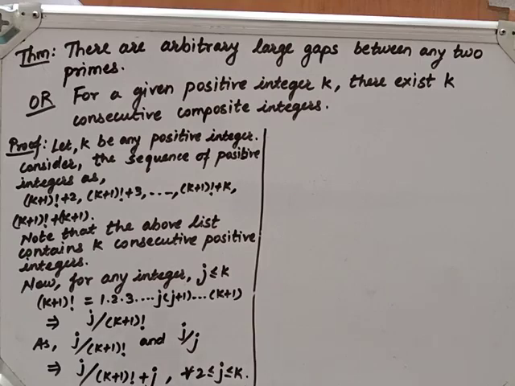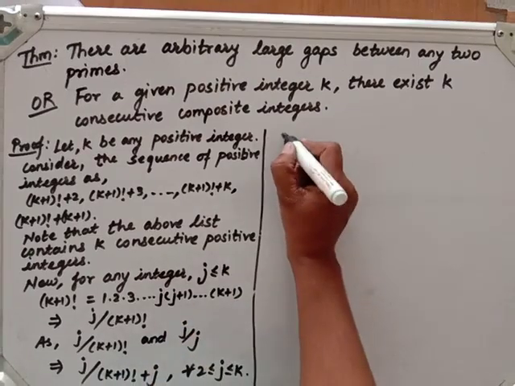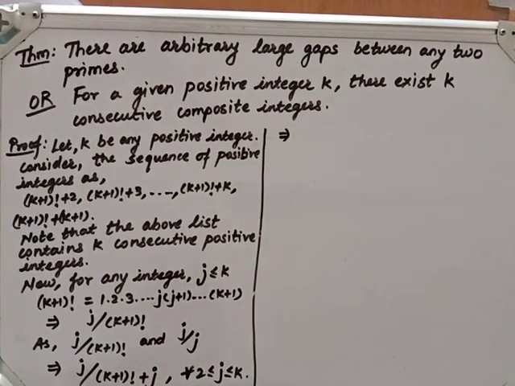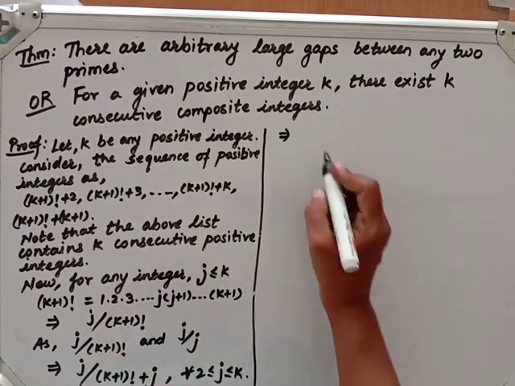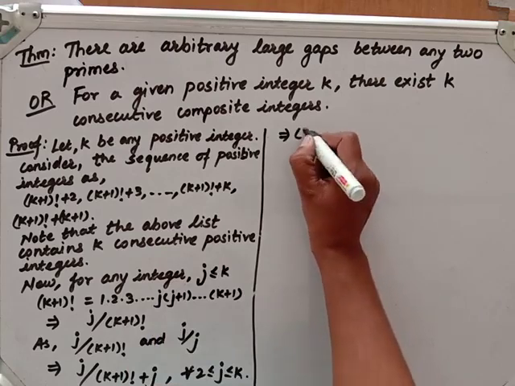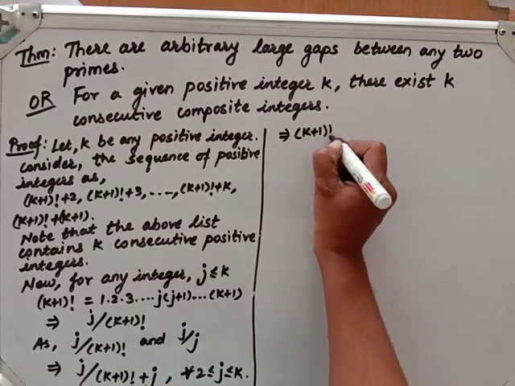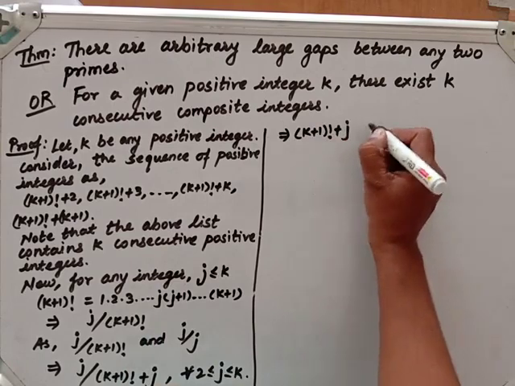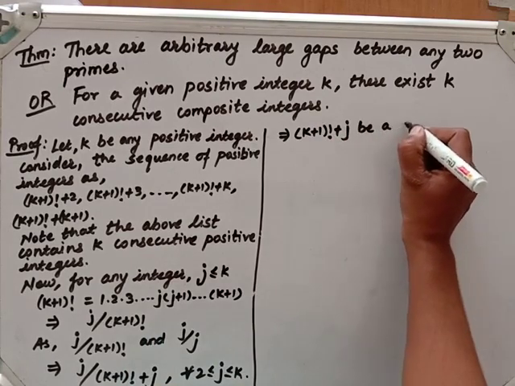This will happen for every number. So from this what can we conclude? j divides this number, which means j is a proper divisor of this number, so this number is a composite number. So k plus 1 factorial plus j is a composite number.